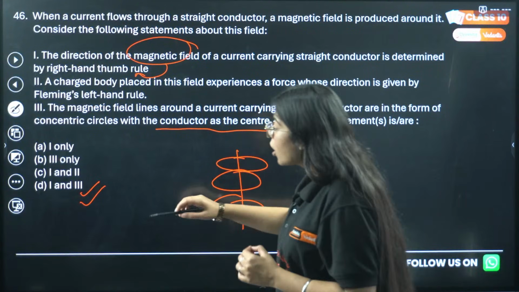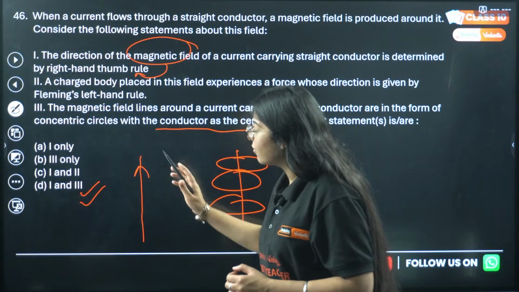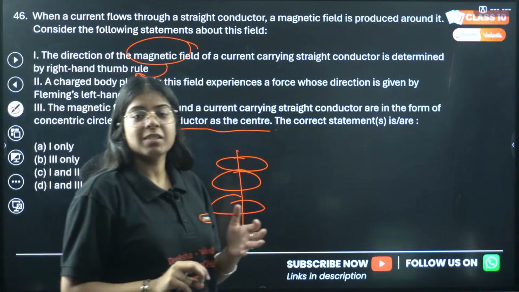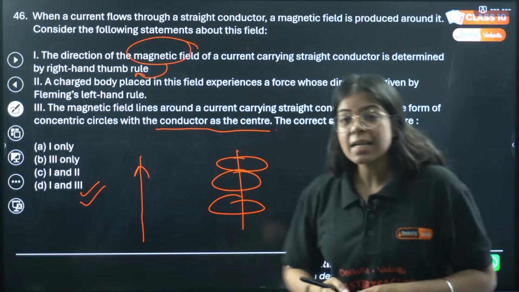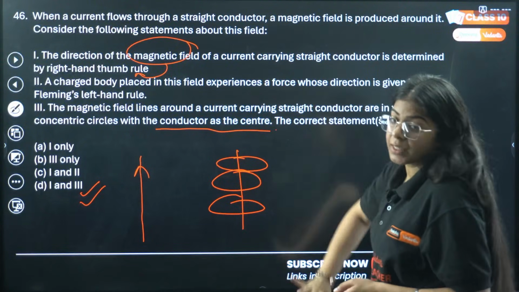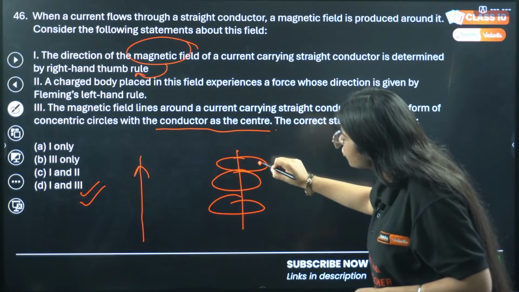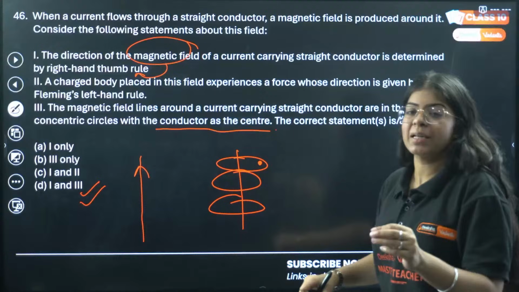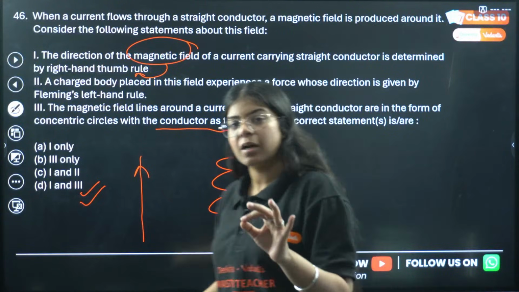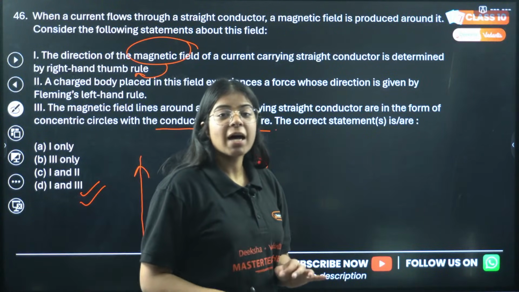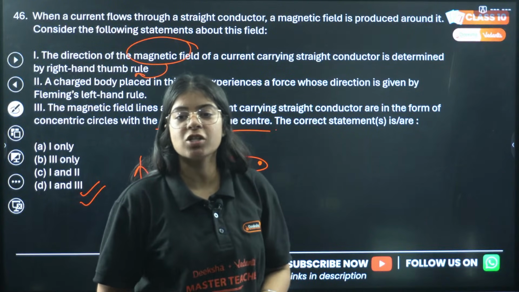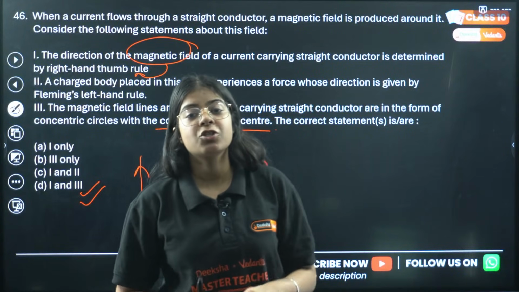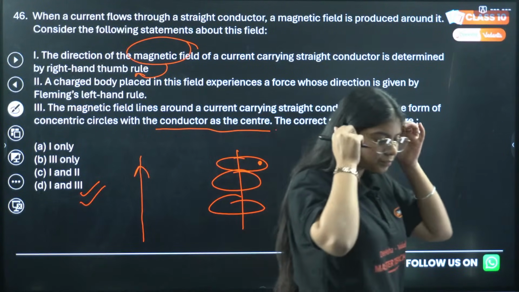Now they are not saying that current is traveling and the direction of magnetic field can be seen by Fleming left hand rule. No, they are saying that there is a straight conductor and in that field a charged body is placed and the direction is given by Fleming left hand rule. There will be no magnetic force on a charge which is just placed, which is stationary in a magnetic field. For it to experience a force, it should move. Okay.